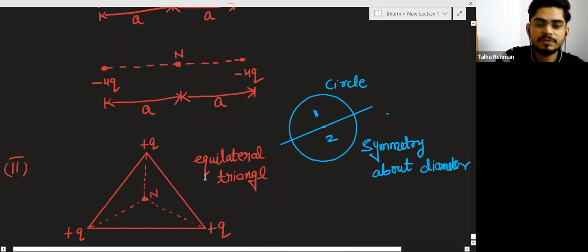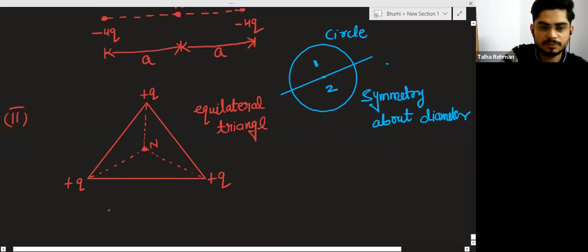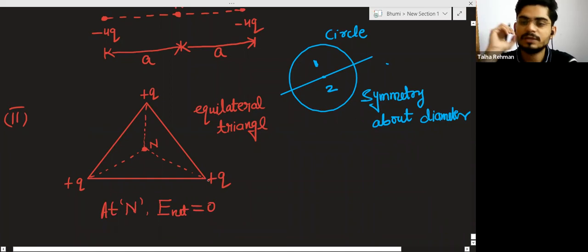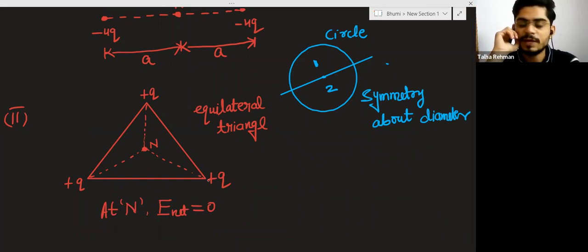Neutral point means the electric field will be 0. At N, the net electric field equals 0. At the center of a symmetrical system, the net electric field due to all the charges is 0.